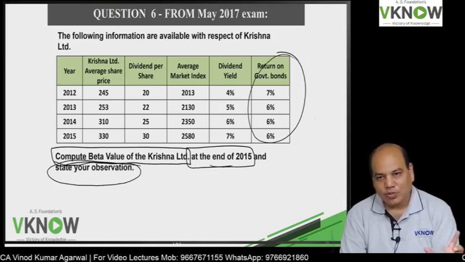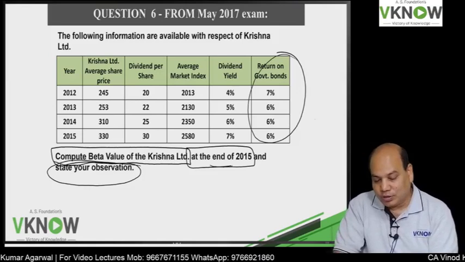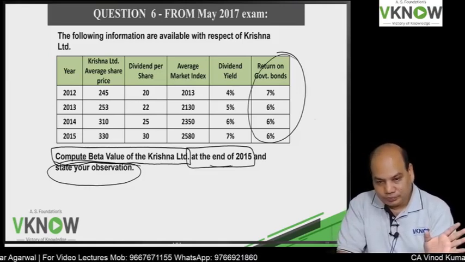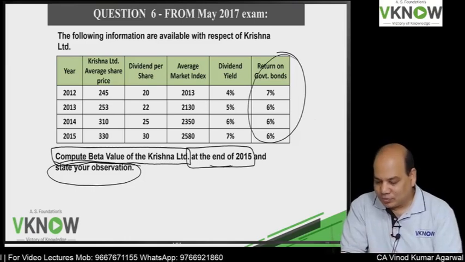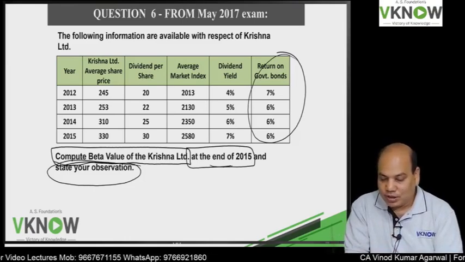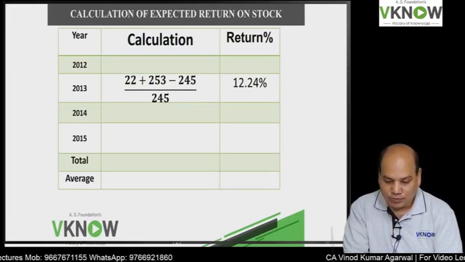That is the basic formula of beta. To calculate the covariance, you need to find out the deviation of the x minus x bar into y minus y bar. So we will assume stock is x and market is y, and then accordingly we will solve.